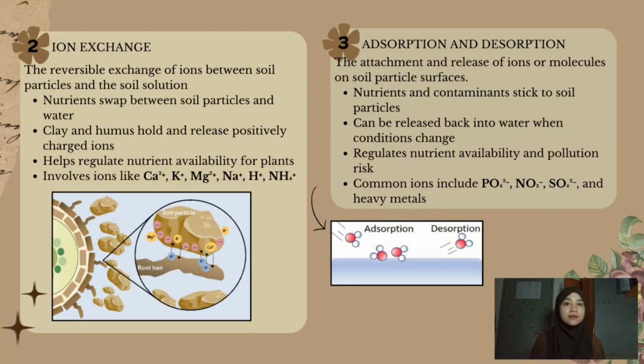Ion exchange is the process in which charged particles are swapped between the soil surface and the soil solution. Soil particles, especially clay and organic matter, carry a negative charge that attracts and holds positively charged ions such as calcium, magnesium, potassium, and sodium.